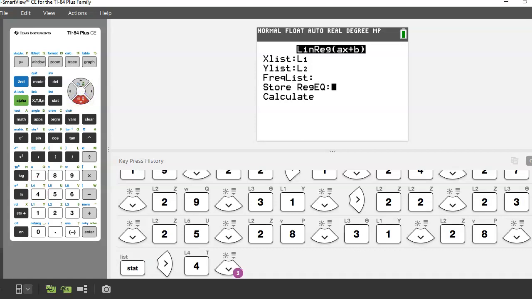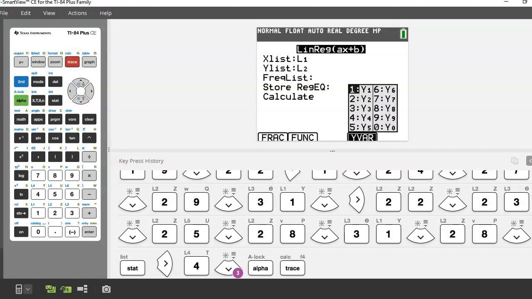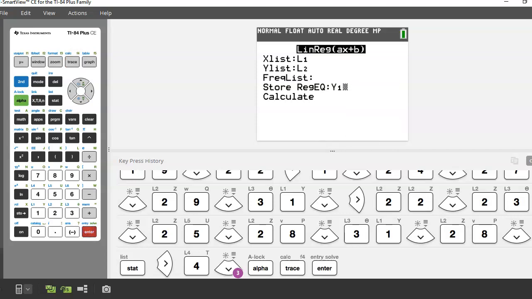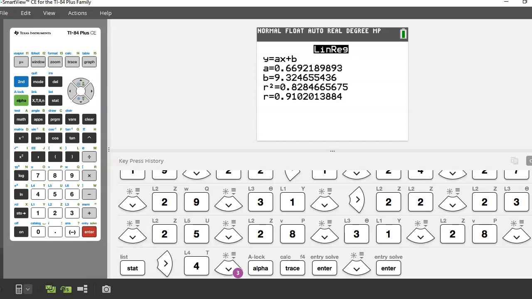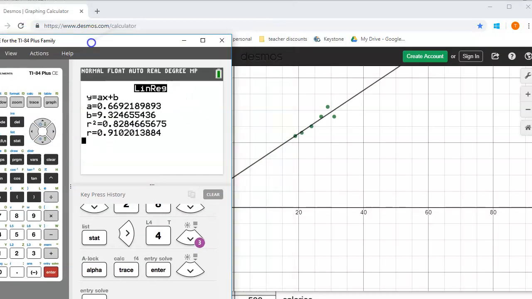Store it as, Alpha, Trace, one of these equations, doesn't matter which one. And then calculate. You should get the same numbers that we have in Desmos. I'm going to split screen this.